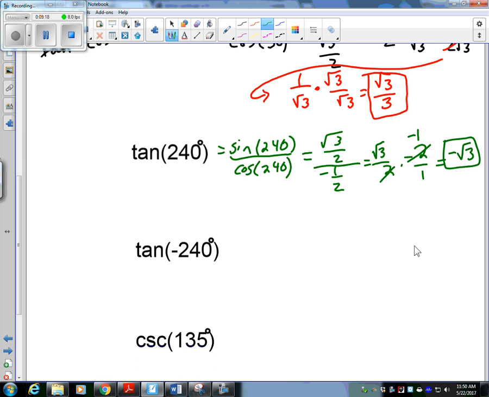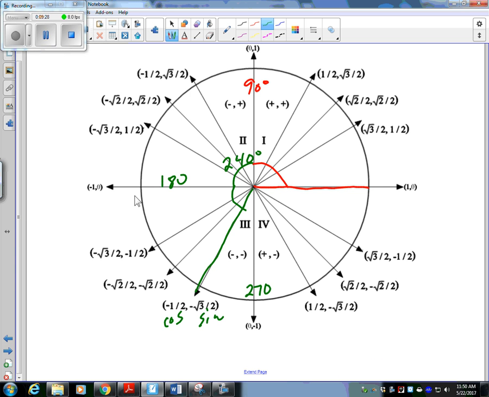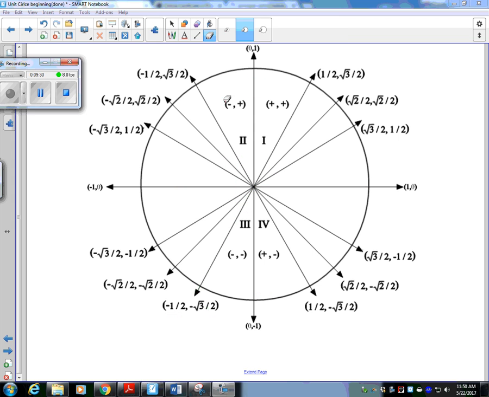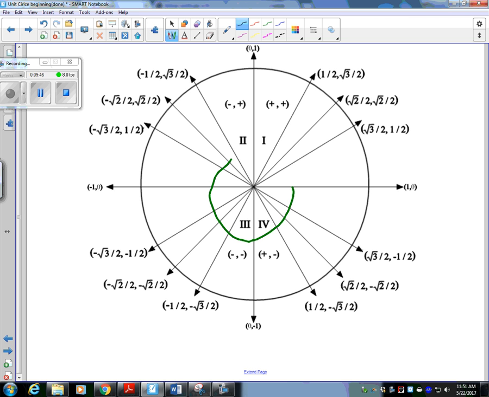Now looking at a negative, so tangent of negative 240. So let's look back at the unit circle. So negative 240. You might think, well, negative 240, that's got to be the same thing. No, it's not. Negative. So we're going negative now, so counterclockwise. So that's negative 90, negative 180, and just short of the negative 270 is here.